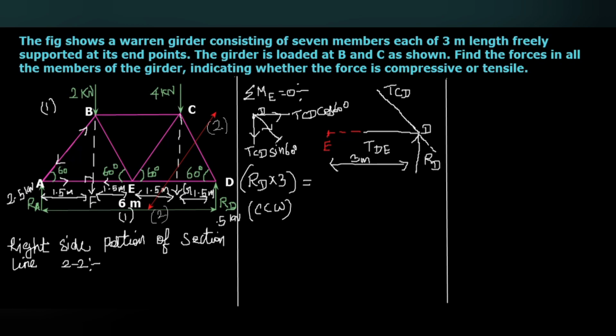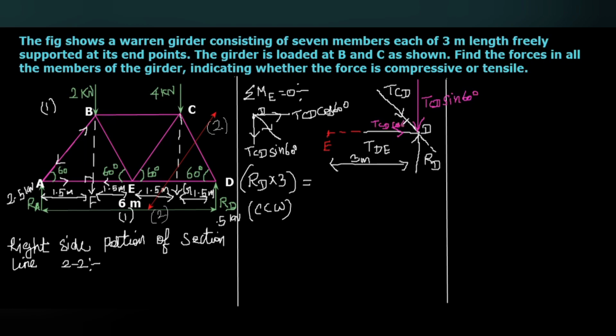So this will act inwards to the D. Then for the vertical component of TCD, for the difference, I just draw here. The TCD sine 60 will act downward like this. The TCD cos 60 will act along the same line.